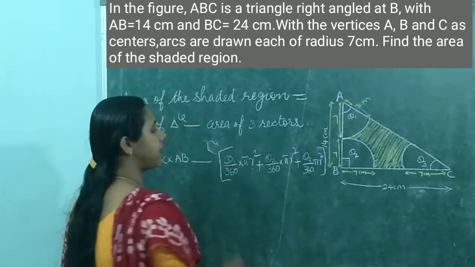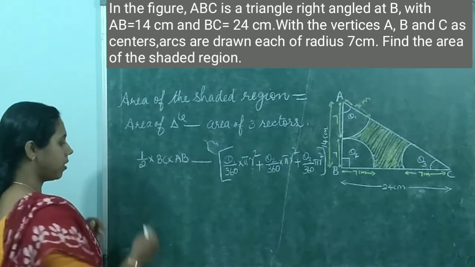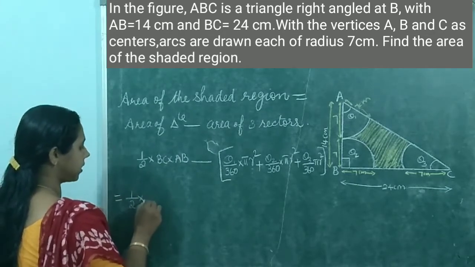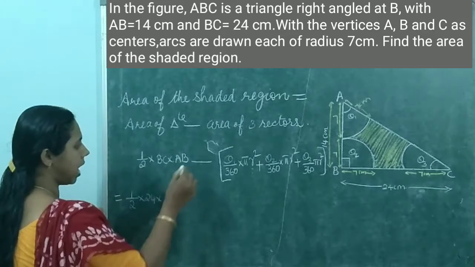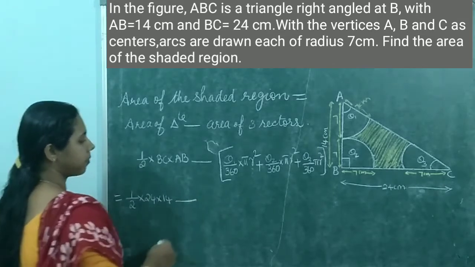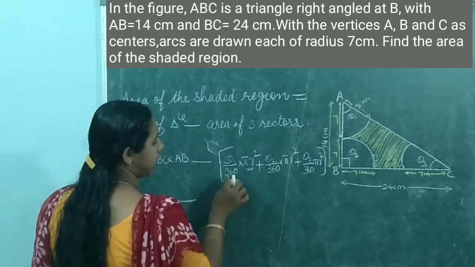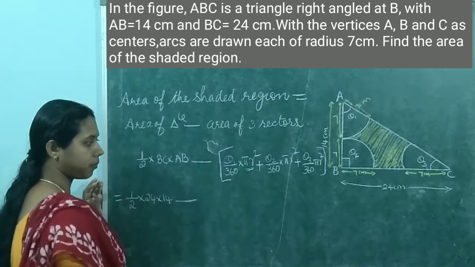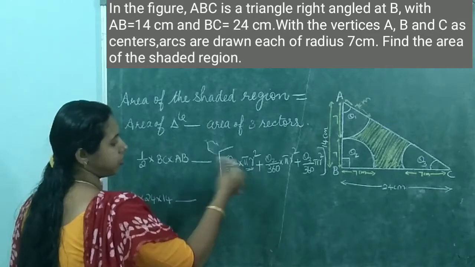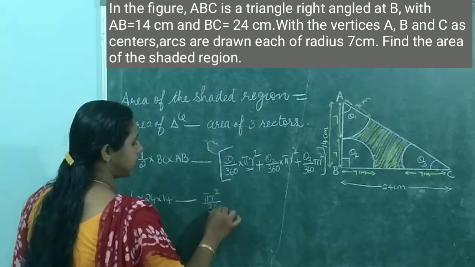We want to subtract these areas from the area of triangle. That is equal to half into base 24 centimeter into height 14 centimeter, minus, in all these three terms, pi r square and 360 is common. So you can take pi r square by 360 out as a common factor.